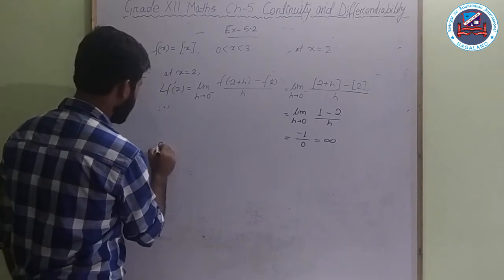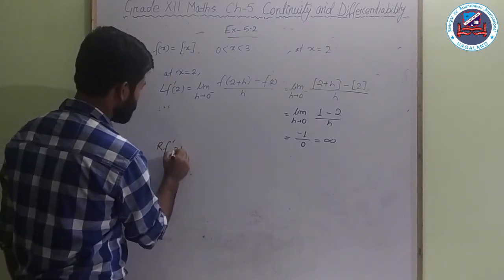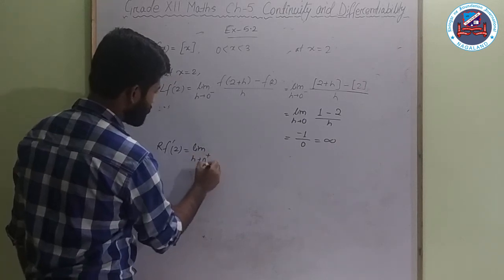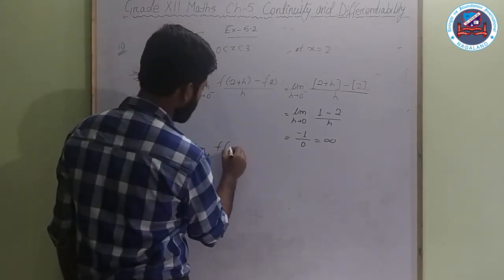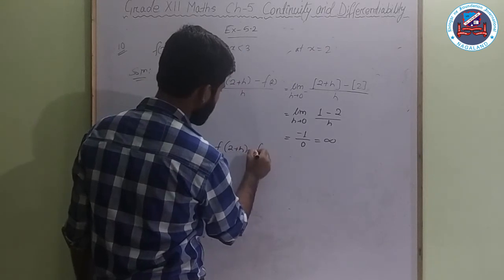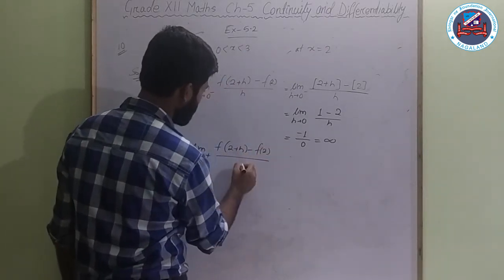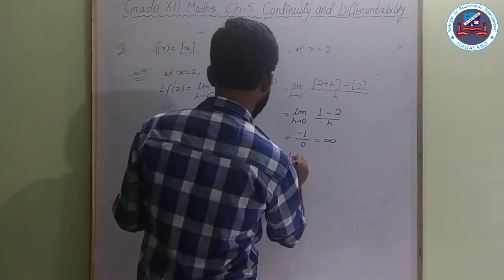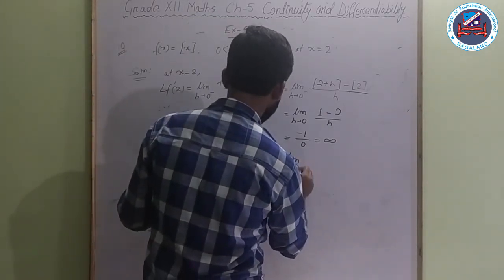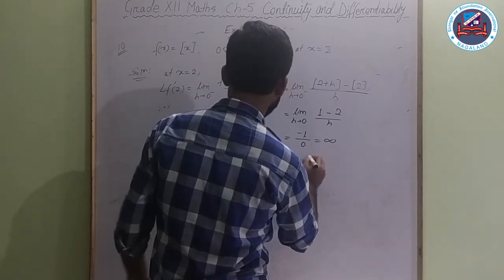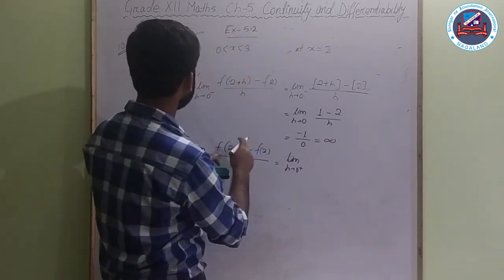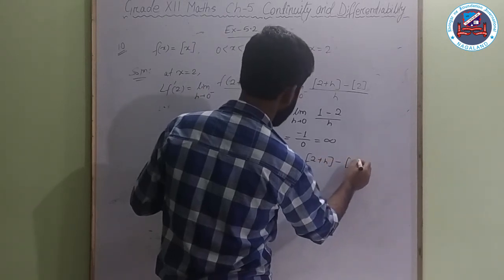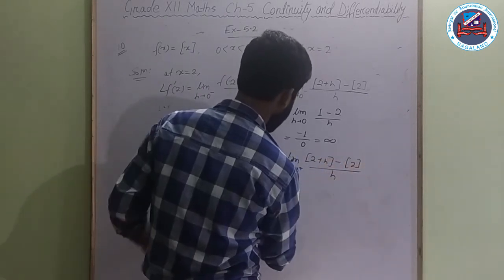Now let us take the right hand derivative, that is R f dash at the point 2, is limit h tends to 0 positive, f of 2 plus h minus f of 2, divided by h. So what is our f of 2 plus h? It is the greatest integer function of 2 plus h, minus 2, divided by h.